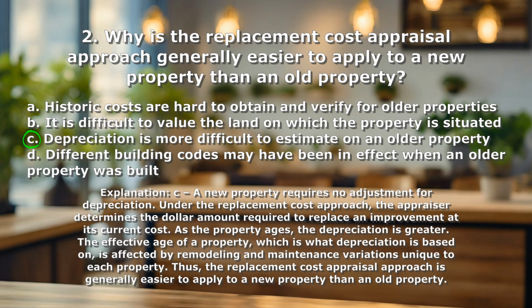The effective age of a property, which is what depreciation is based on, is affected by remodeling and maintenance unique to each property. So the replacement cost appraisal approach is usually significantly easier to apply to a new property rather than old properties. Answer is C. Depreciation is more difficult to estimate on an older property.